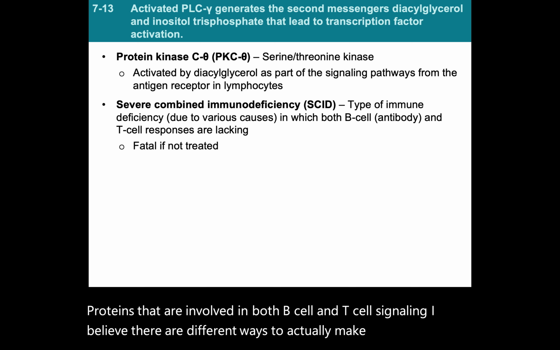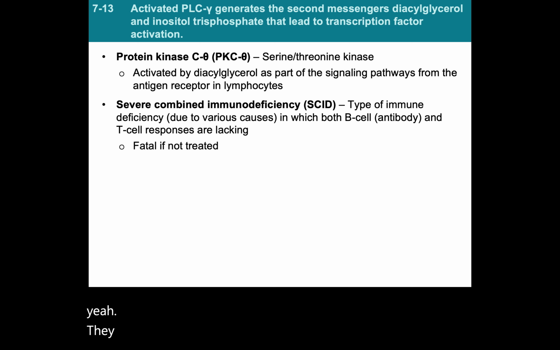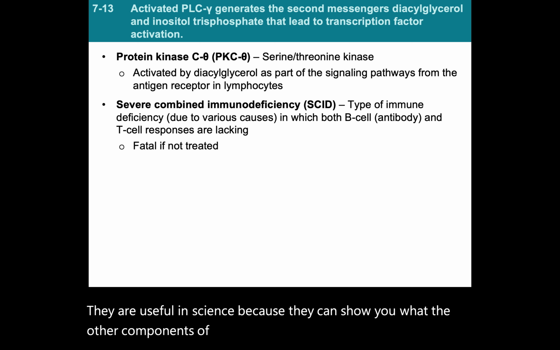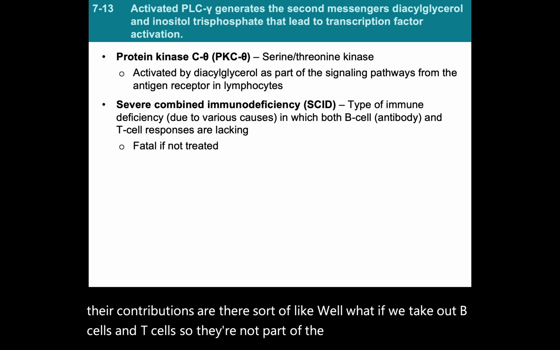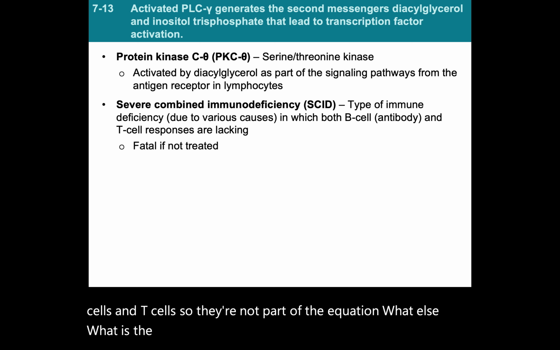They are useful in science because they can show you what the other components of the immune response are doing, like what their contributions are. It's like, what if we take out B cells and T cells, so they're not part of the equation? What do the rest of the cells do? Because otherwise, B cells and T cells tend to dominate an immune response.